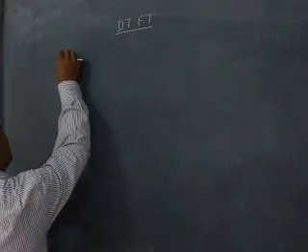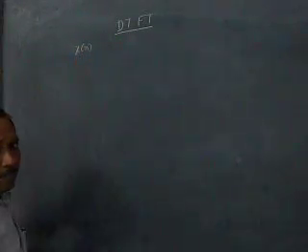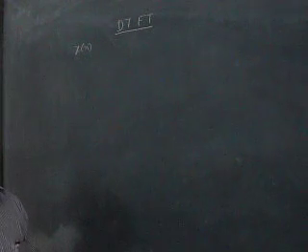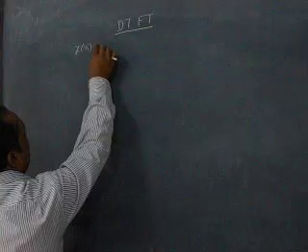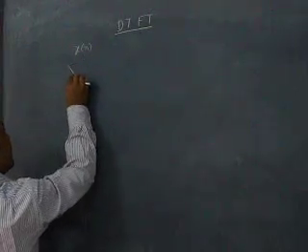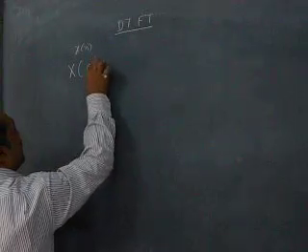So if any signal is x[n], discretized in the time domain, then the corresponding transformation in the z domain will become X of z, and z will be replaced by e to the power j omega.